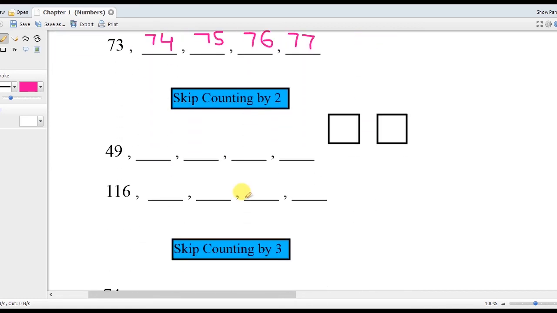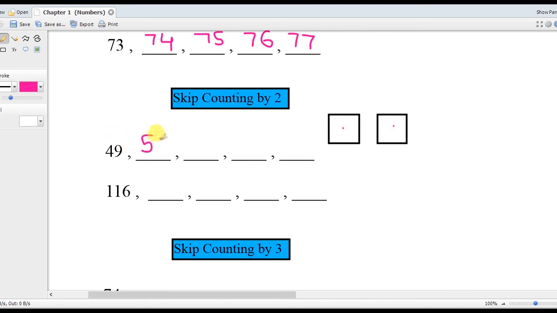Okay, now in this case we'll have skip counting by 2. So this is 49, we have to skip count by 2. So I have drawn 2 blocks here. So 49, start counting after 49. 50, 51. So we skip two numbers, which is 50, 51.